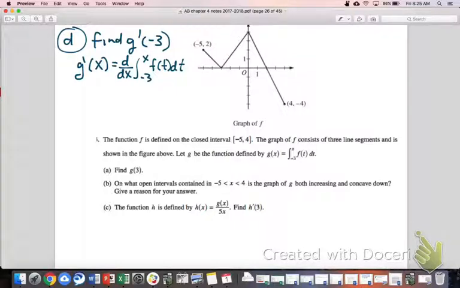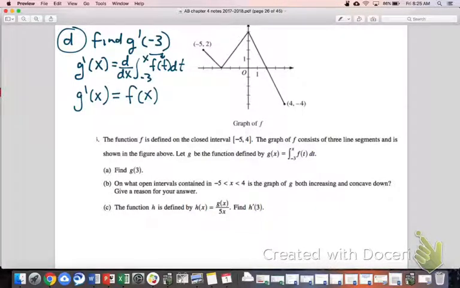This is fundamental theorem of calculus, part 2. Doesn't d dx and the integral basically cancel each other out? This is FTC2 from a couple days ago. Don't we simply drop the x in there? Multiply by the derivative of what you plugged in. In this case, that's just a 1. So you'd get g prime of x equals f of x.